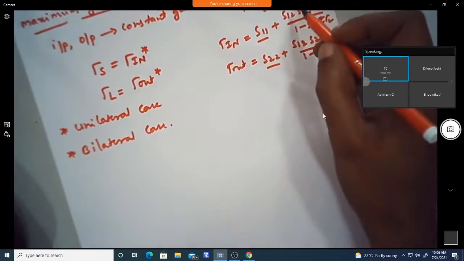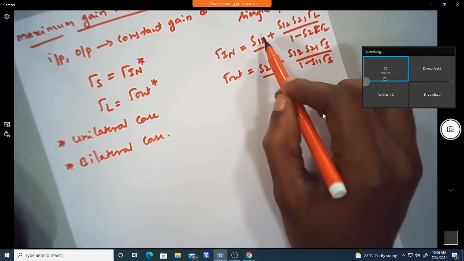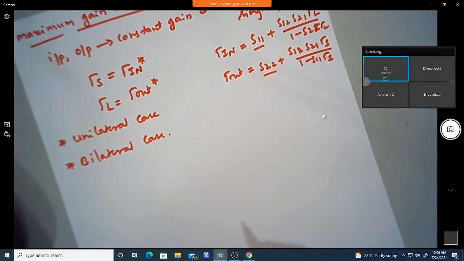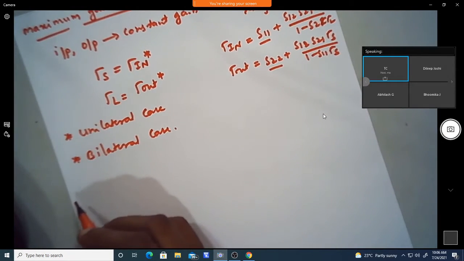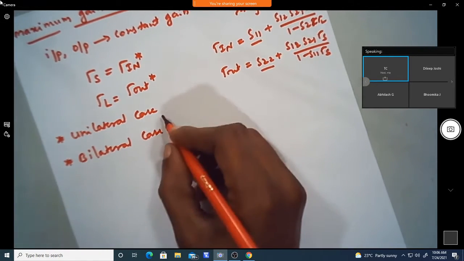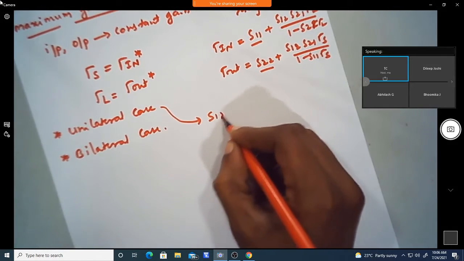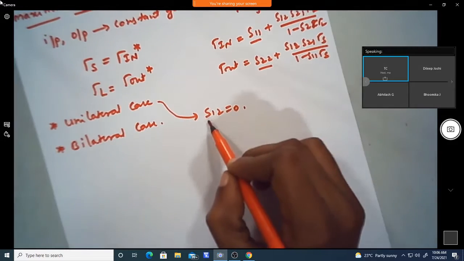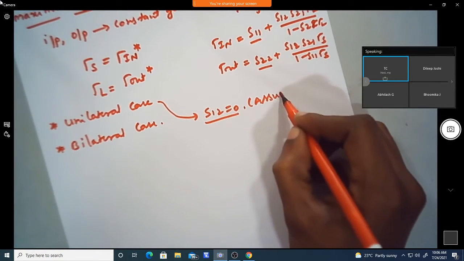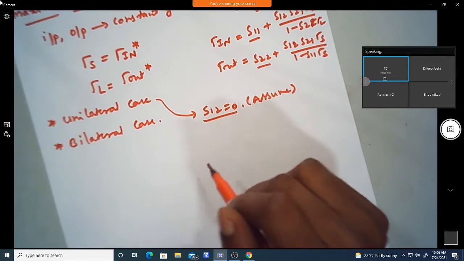Now for the unilateral case, S12 will be 0, so gamma in and gamma out give S11 and S22. In the unilateral case, even if S12 is not equal to 0, we assume S12 equals 0. Then we need to find the maximum tolerable error, how much error will come if we assume S12 as 0.